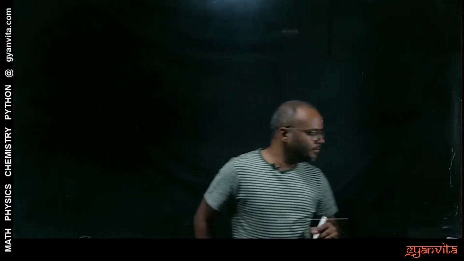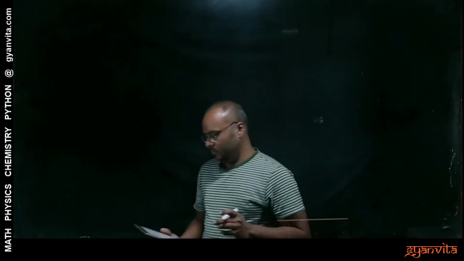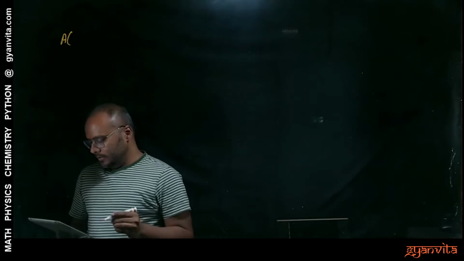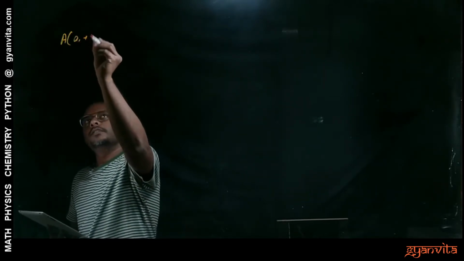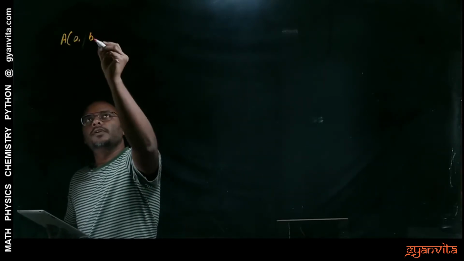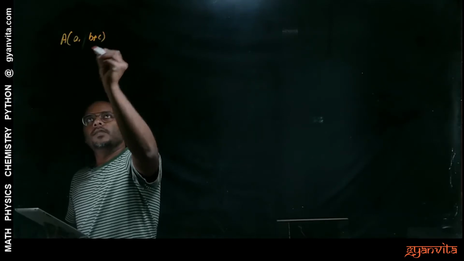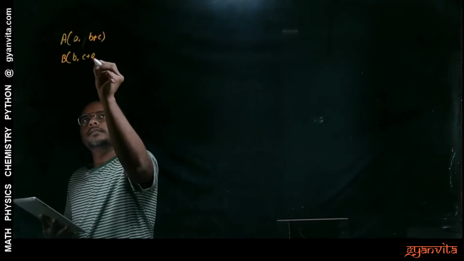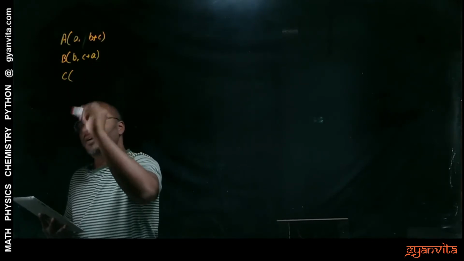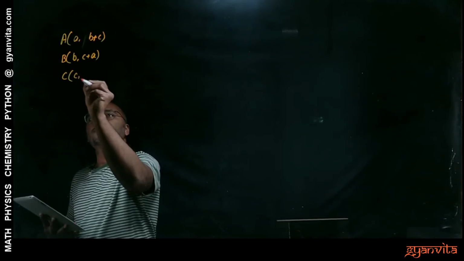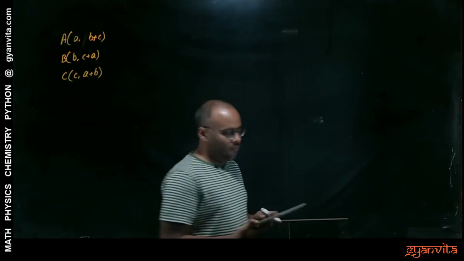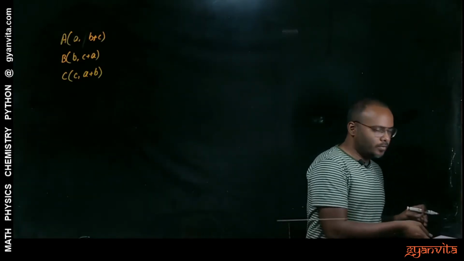Okay, the points are A, it is A comma B plus C. Then you have point B, and B is B comma C plus A, and then you have point C, which is C comma A plus B. So these are 3 points. You have to show that these points are collinear.